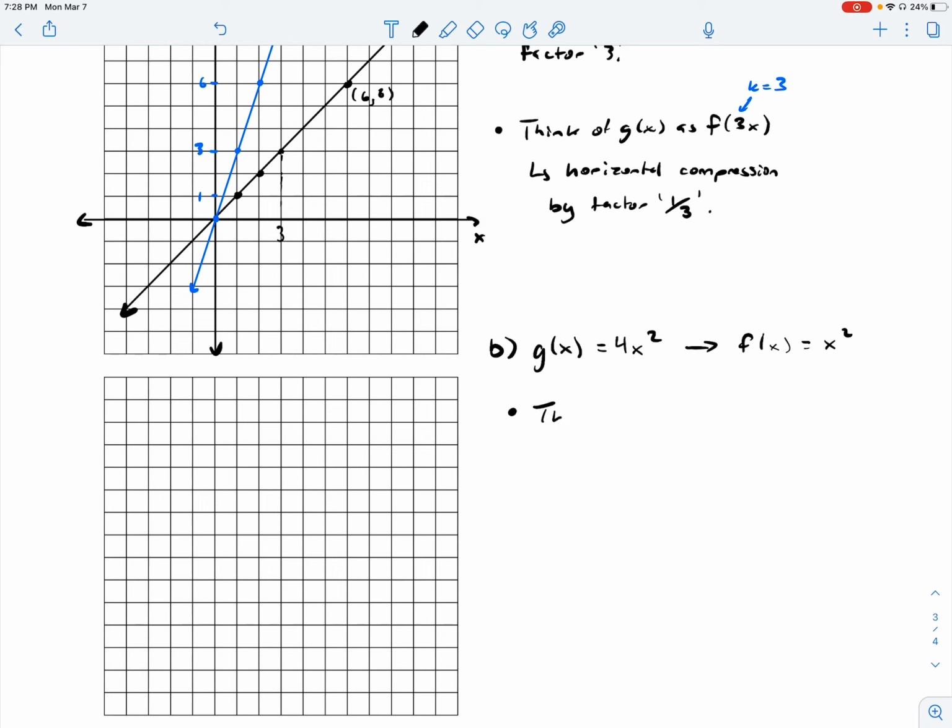So if we think of g of x as a vertical stretch by factor 4, so if we think of it as 4 times f of x, then that would imply that we have a vertical stretch by factor 4.